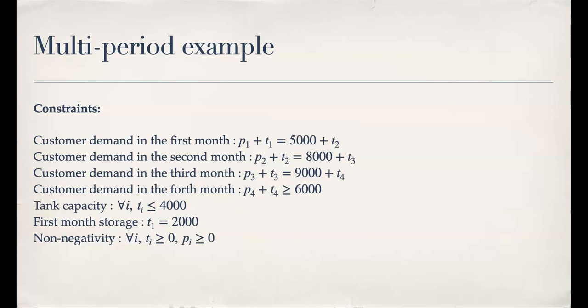And from the information given, in the first month we have T1 equal to 2,000. And the last but important one is the non-negativity constraint. You cannot store a negative value in the tank, and you cannot purchase a negative value, right? We are in the real world. We cannot buy a negative value.